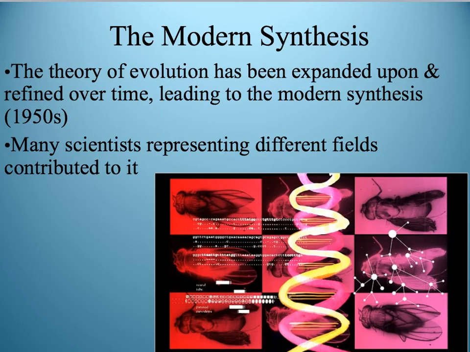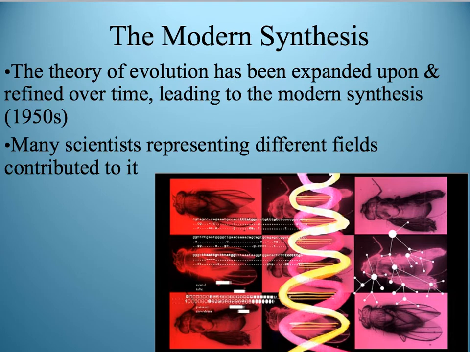So the theory of evolution has been expanded upon and refined over time, and it eventually led to what we call the modern synthesis, which came about in the late 1940s, 1950s. Based on all the evidence we had for evolution, they pooled together from biologists of different varieties: biologists looking at evolution, biologists looking at the way genes have changed versus populations, and things like this.